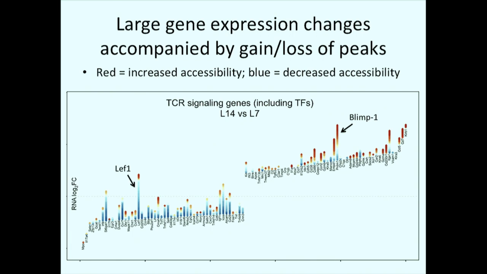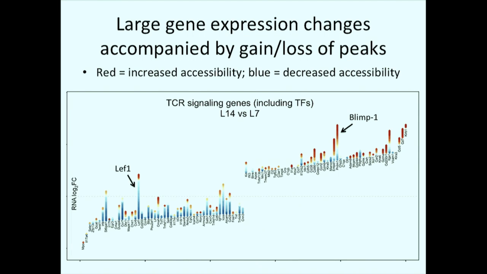Here I'm showing both accessibility changes and gene expression changes of the top 50 genes that go up or go down in this transition from what we think is plastic dysfunction, day 7, to fixed dysfunction, day 14. At least it's this big change in chromatin accessibility states.